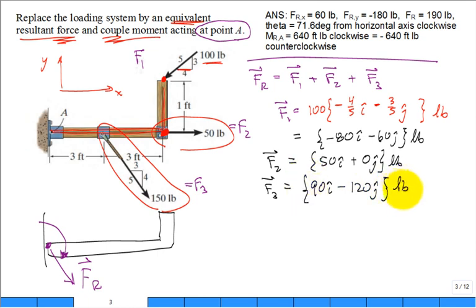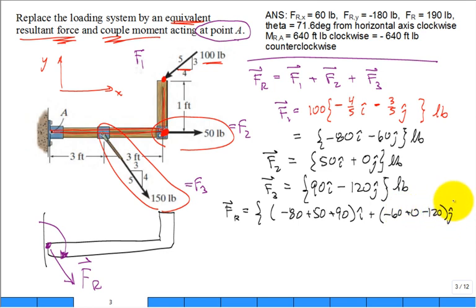And units of pound. Then the F of R, I encourage you the first time you do it, go ahead and go slow. It'll be the negative 80 plus the 50 plus the 90, all of that in the i, plus the negative 60 plus 0 minus 120 in the j, close, all units of pound.